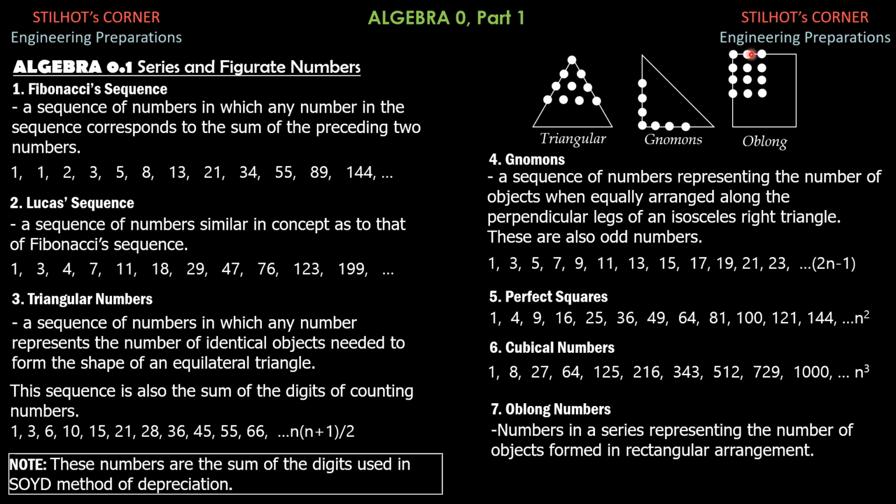The next is 2 by 3, 6, 3 by 4, and so on and so forth. So 2 is 1 by 2, 6 is 2 by 3, 12 is 3 by 4, 20 is 4 by 5, 5 by 6, 6 by 7, 7 by 8, 8 by 9, 9 by 10, 10 by 11, 11 by 12, and so on and so forth.